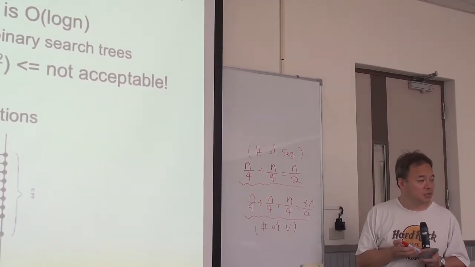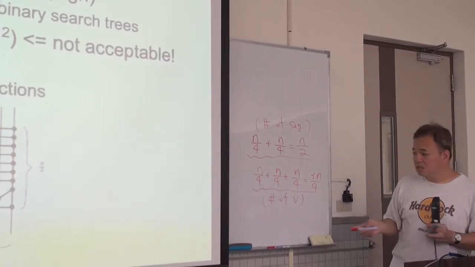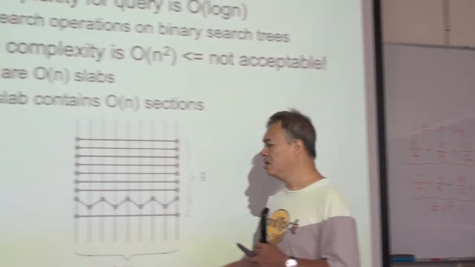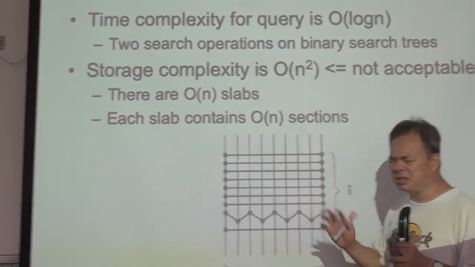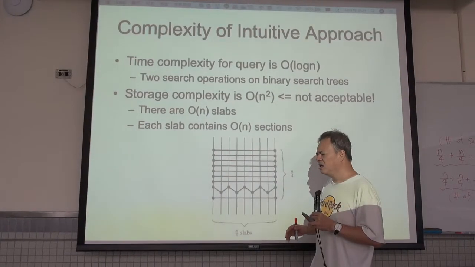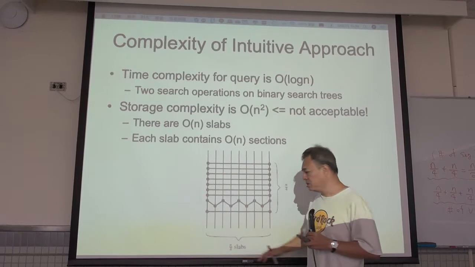So you have approximately n, big O, as the complexity of your subdivision.